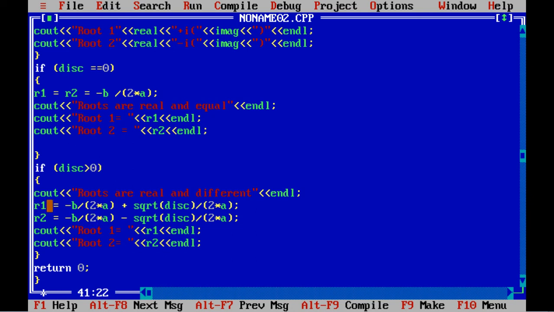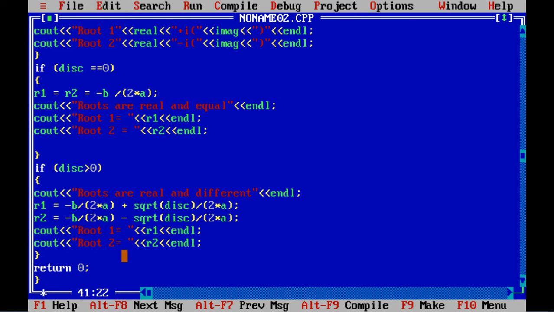For its value, the expression is −b ± the square root of disc, divided by 2a. So we have represented the two roots here, and return 0 will ensure that the program has been successfully terminated.